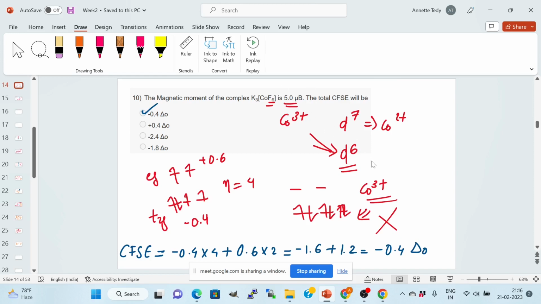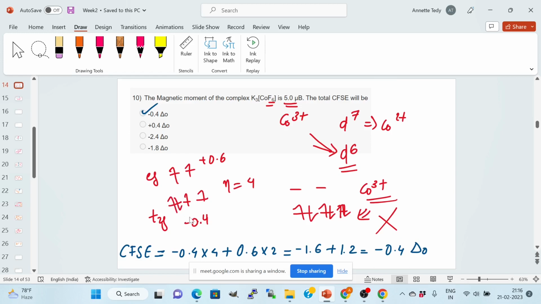So cobalt 3 plus in d6 state can have two configurations, the low spin state or the high spin state. The low spin state is not possible because there is some magnetic moment. Definitely this is not the configuration. So it should be this configuration, and we have d6. So first we will singly occupy, then we will doubly occupy. Pairing is also there.